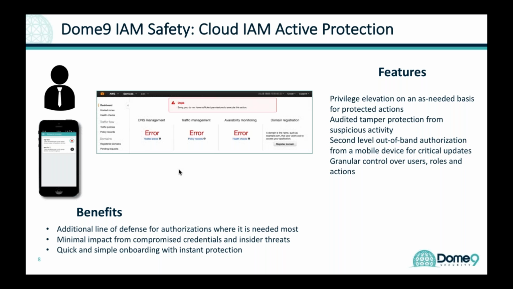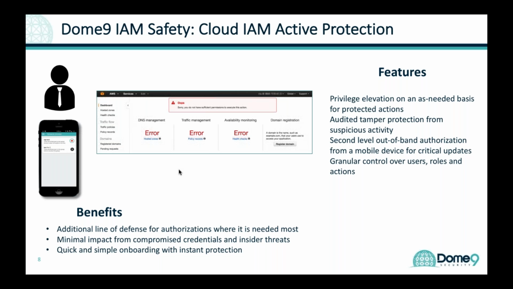So you basically have a complete log and trail of all suspicious activity. And second level out-of-band authorization, which is a just-in-time mechanism, provides an additional layer of defense on top of your multi-factor authentication and the roles and permissions and other best practices that you have in place. So this is another line of defense.